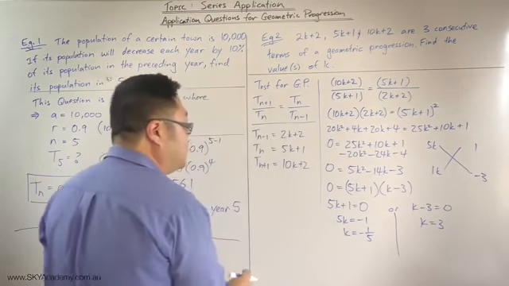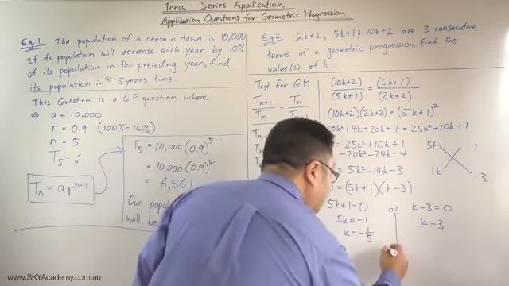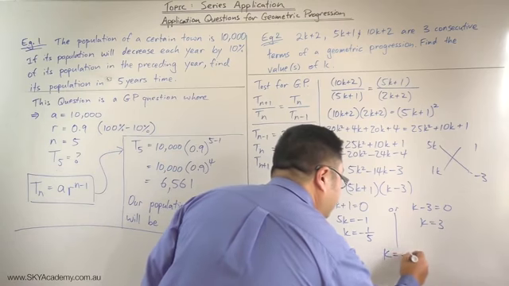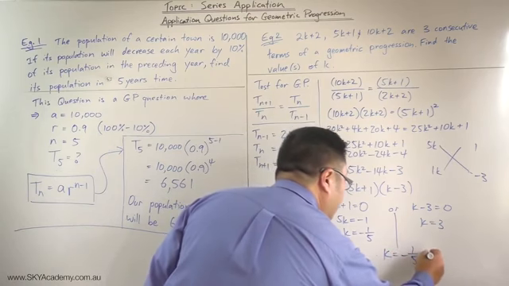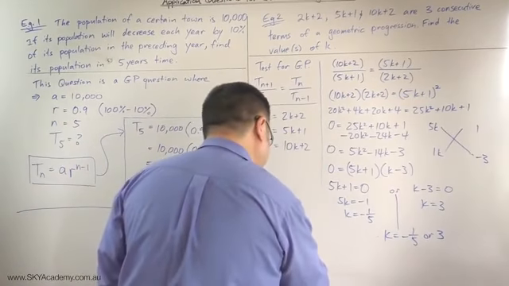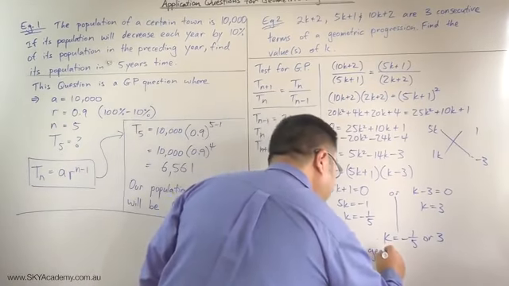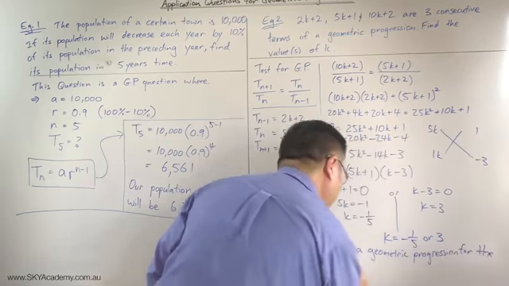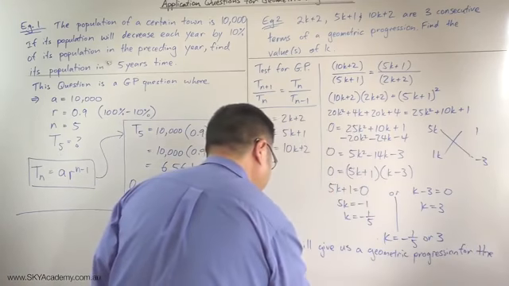So your two answers for k are minus 1/5 or 3, and that will give us a geometric progression for the above terms.